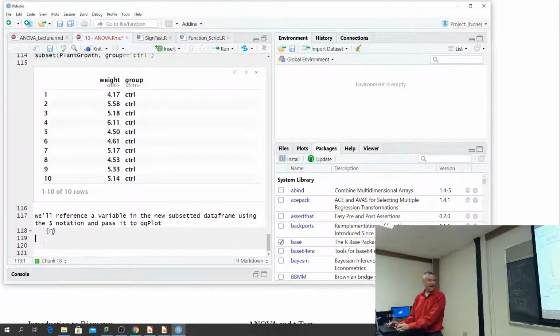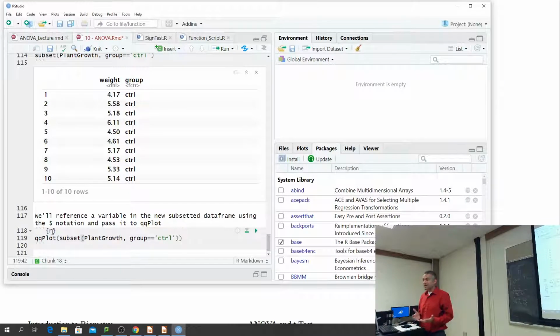And we'll then pass it to our QQ plot function. So we're going to do QQ plot. What are we doing a QQ plot of? Well, we're going to have a data frame. The data frame that we're going to use is our subset data frame. This is only the CTRL items, but I don't want a QQ plot of the entire data set. I only want the QQ plot of the weight variable.